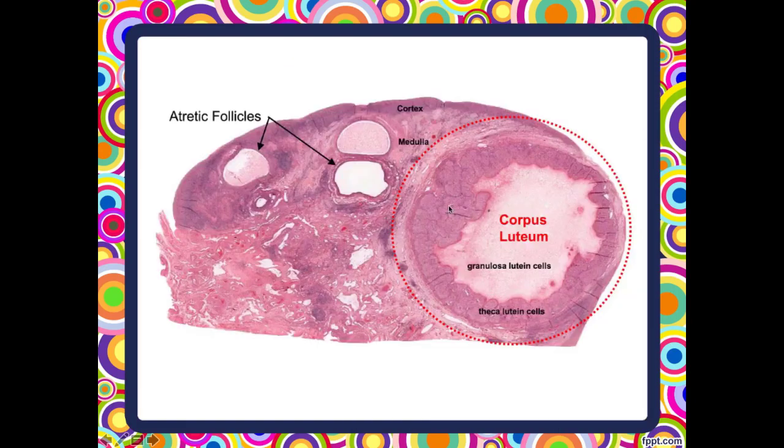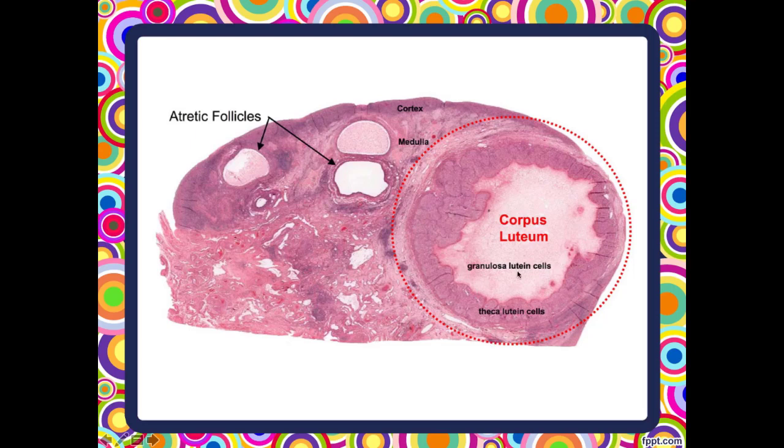Corpus luteum, functioning as an endocrine organ or tissue, is made by two types of cells. The granulosa cells will transform to granulosa lutein cells, and the cells of the theca interna, the theca cells, will transform to the theca lutein cells.